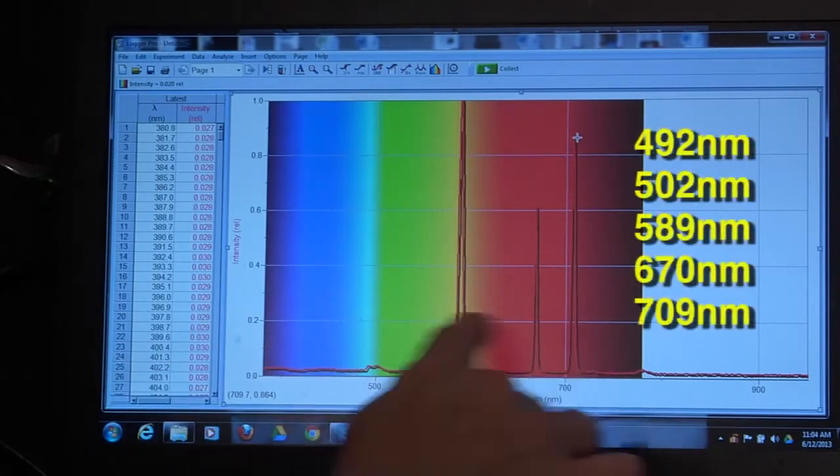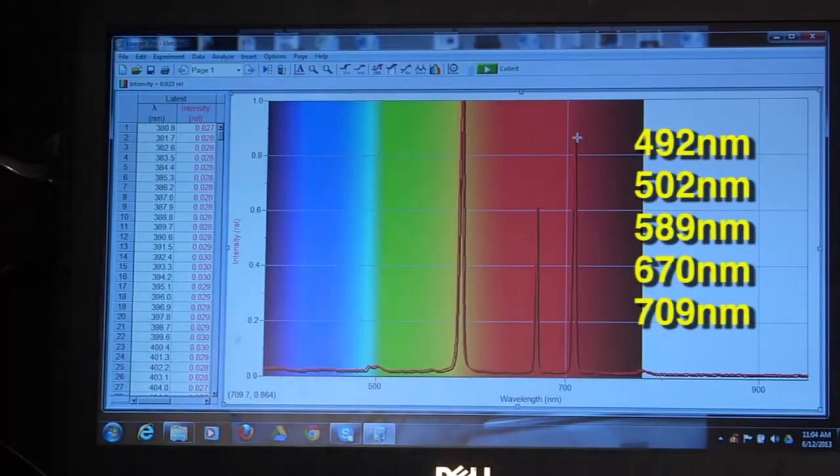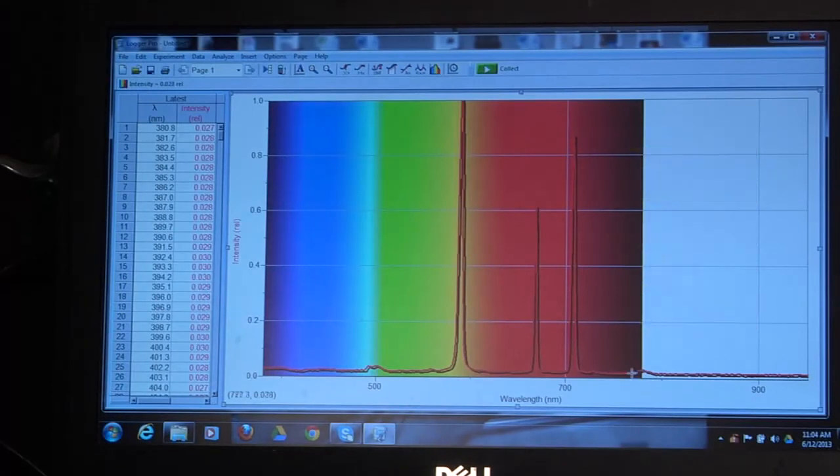So these five characteristic wavelengths. You can even see tiny ones here that are often very difficult to measure. Small one right here at 728, and another one here at 782.